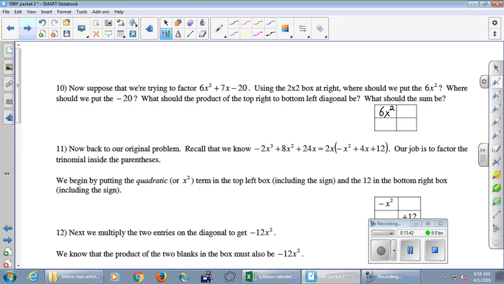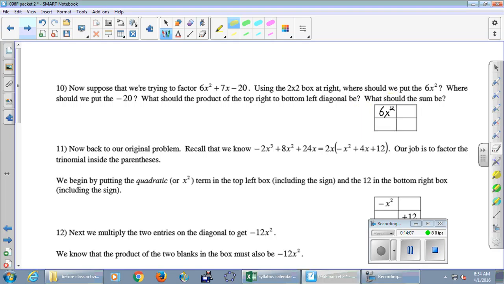Because we know, I'm not going to write the answers out here, but if this is a 5x minus, don't copy this part, and this is a 3x plus 1, and you multiply this and this, that gives you your x squared thing, right? It's not 6x squared, it's 15x squared for this example. But we know the x squared thing is always going to end up in the top left. So the 6x squared is going to go there.